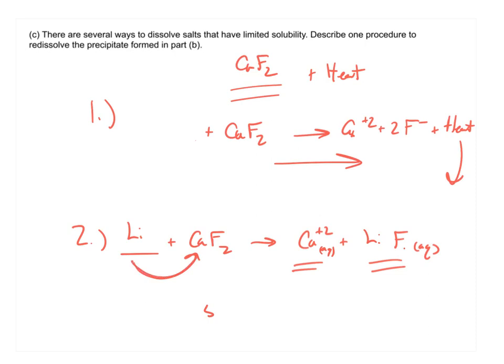The lithium comes in and kicks out the aqueous calcium ions, and then the solid calcium fluoride will come in and replace those aqueous ions that were in solution, and then those lithiums will continue to kick those out, and then more calcium will dissolve to reestablish the concentration, and then those lithiums will kick that out, and then more calcium. Eventually, all the calcium fluoride will dissolve because the lithium comes in and kicks it out, and that's how you establish an aqueous product situation from a limited solubility salt.